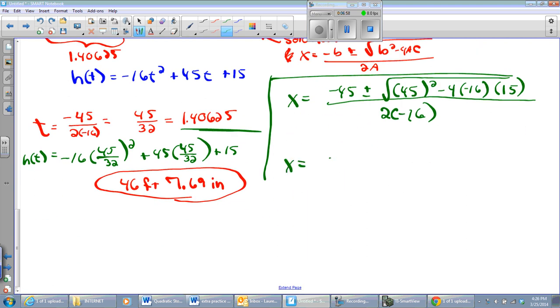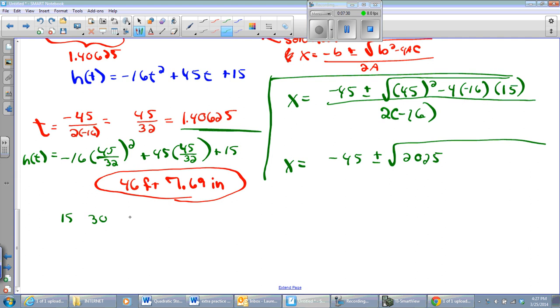X is going to equal negative 45 plus or minus, I'm thinking that squared is 2025. Let me see. 4, 5, 6. I think if I double 15 6 times, I'm going to get my answer. 4 times 16, because 4 is doubled twice and 16 is doubled 4 times. So it's like 2 to the 6. So I'm just going to do 15 doubles. So I'm going to go 15. I'm going to double it.